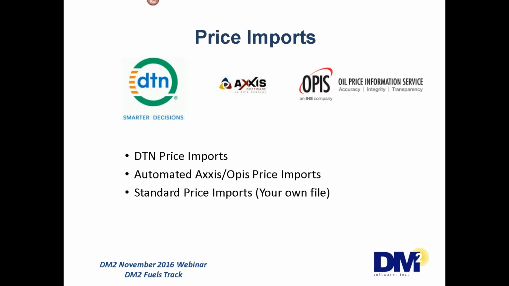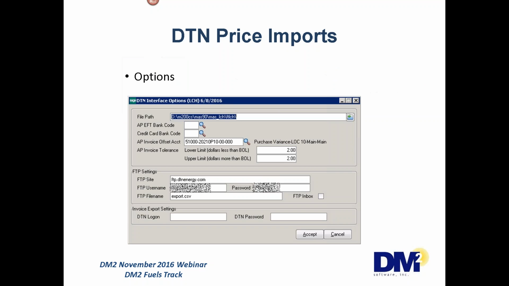We have several ways to import in your daily fuel prices. DTN fuel price imports, automated access or OPUS pricing imports, or standard price imports, meaning create your own file. DTN pricing imports have added several options for import, still allowing for the FTP inbox for checking your prices on a regular basis and updating your price tables when you are hard at work on your new task.